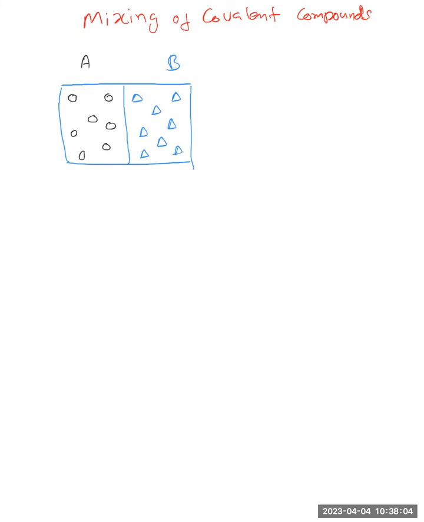This is the unmixed state. And then when they interact with each other, if they mix with each other, then you're going to get the mixed state.